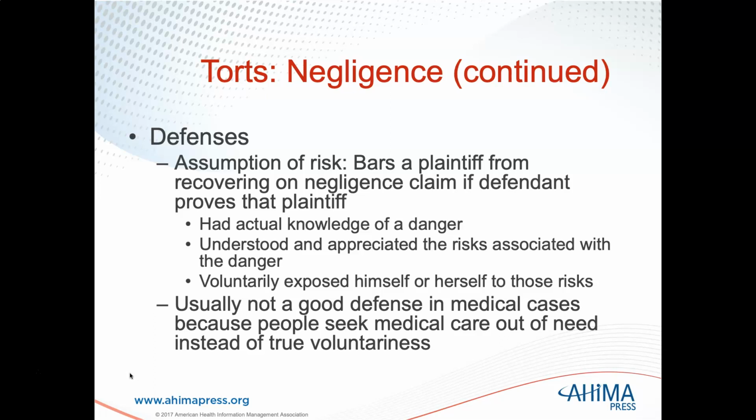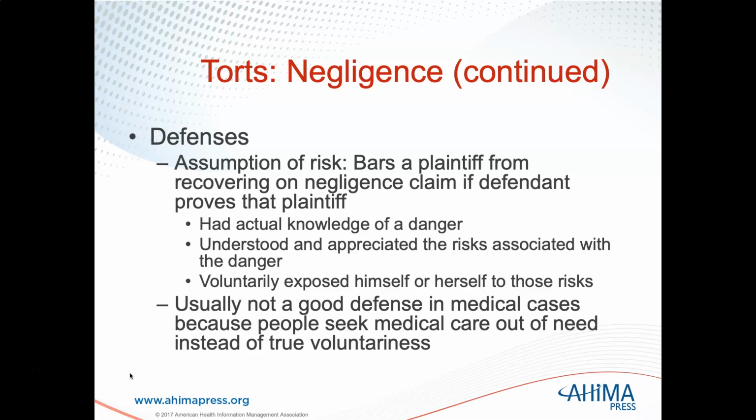Because without that, the plaintiff can say, I didn't know that there was a danger of paralysis. I didn't know there was a danger of stroke. I didn't know that there was a danger of XYZ. Or I didn't realize that the risk of having this procedure meant that I could have loss of blood flow to my limb and have to have an amputation, a subsequent amputation.